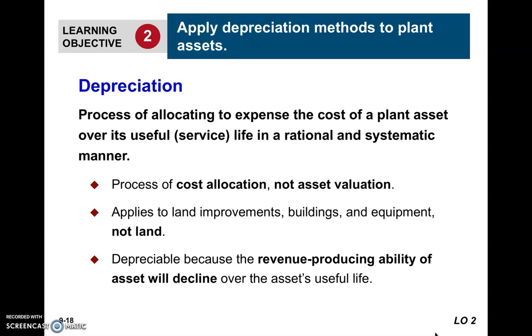Now, it's depreciable because these assets produce revenue, and as we're using them, their efficiency of producing more revenue will go down over the asset's useful life.